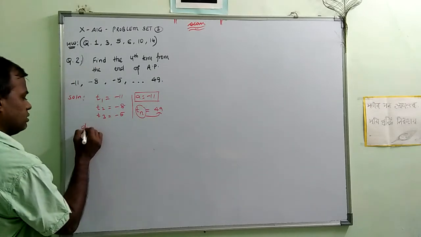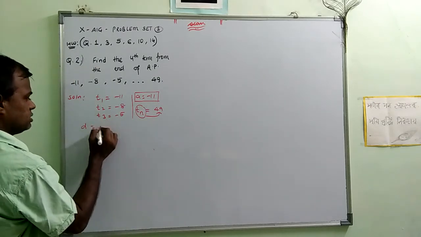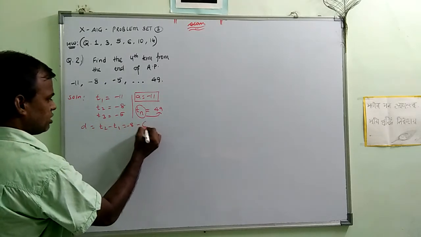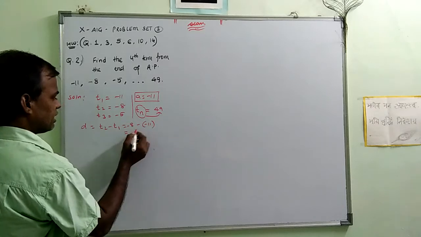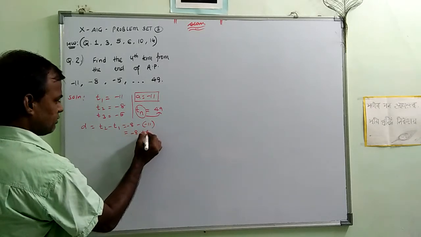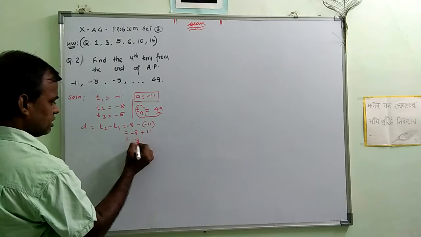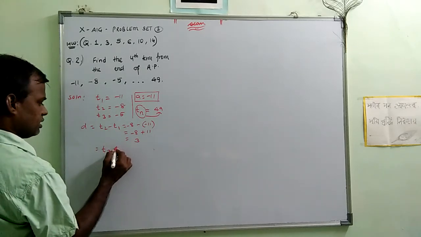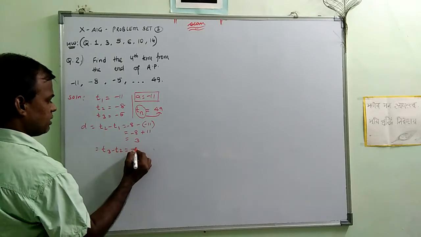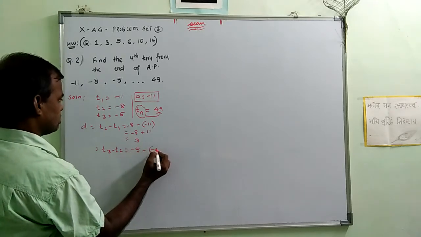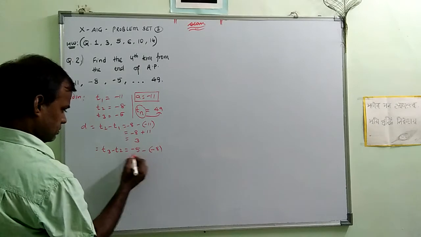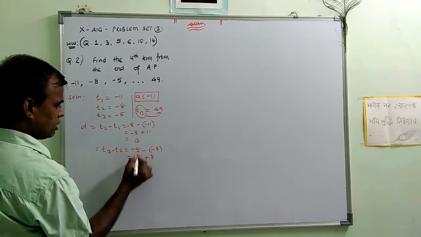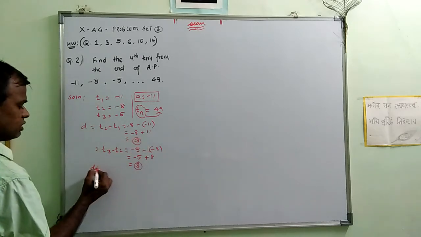Let's find D. D means T2 minus T1, that is -8 minus of -11, that is -8 plus 11, that is 3. Like that, T3 minus T2, that is -5 minus of -8, -5 plus 8, that is 3. So we get D is equal to 3.